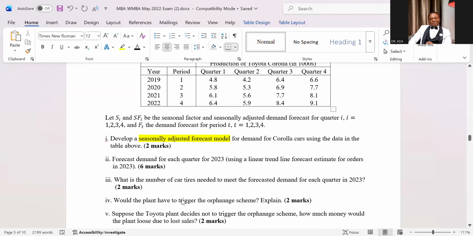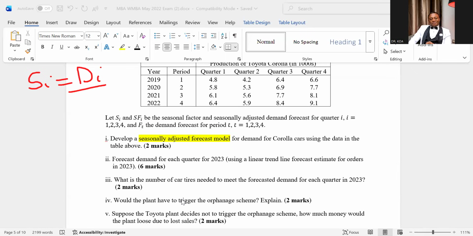Now, what is the formula for the seasonal factor? It is given as SI equal to demand DI divided by the sum of the demand. Note it down. And of course, once again, when you write it down, you remember it. Okay. So this is a seasonal factor.